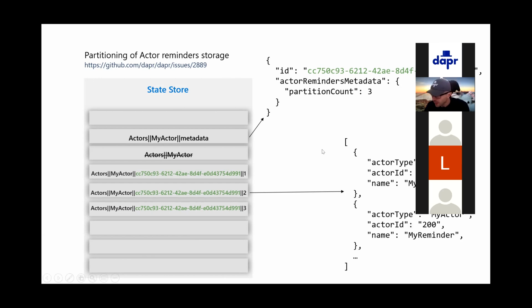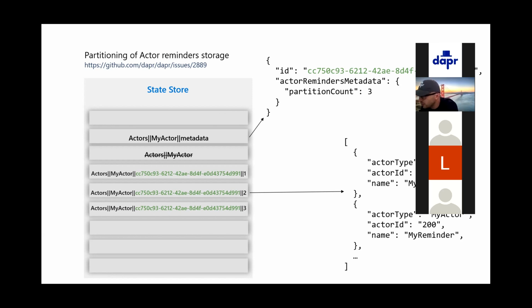Today we put the partition count in it, which in this example is 3. And we have an identifier. The identifier here is very important because it is what lets us deal with the race condition where multiple Dapr sidecars running in parallel try to migrate data or update your configuration in parallel. So the ID defines which metadata is actually valid.